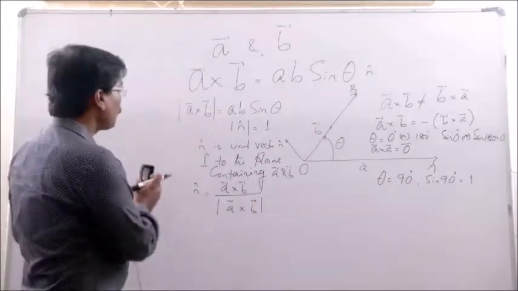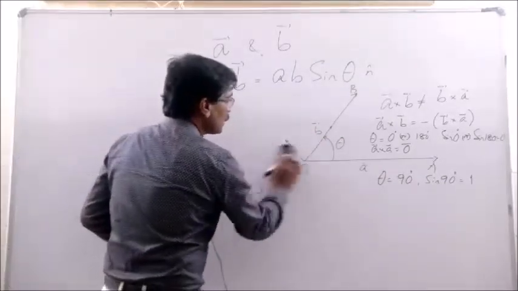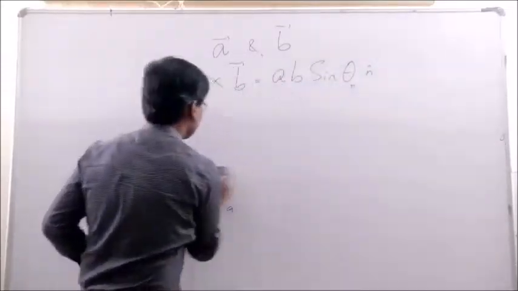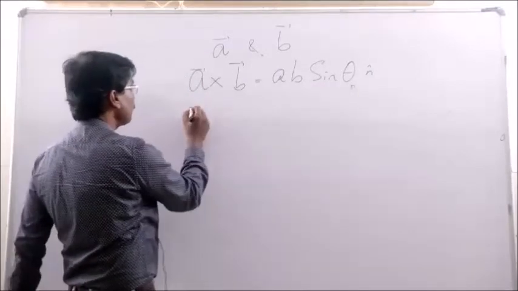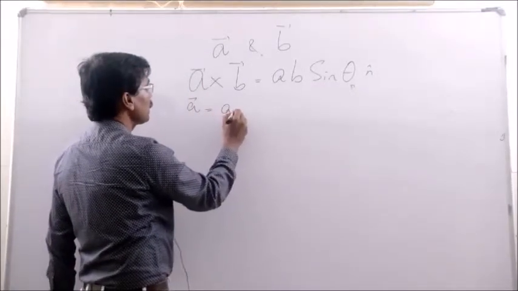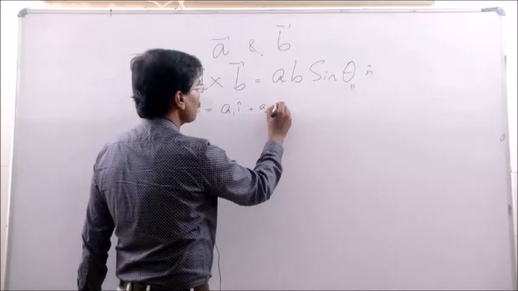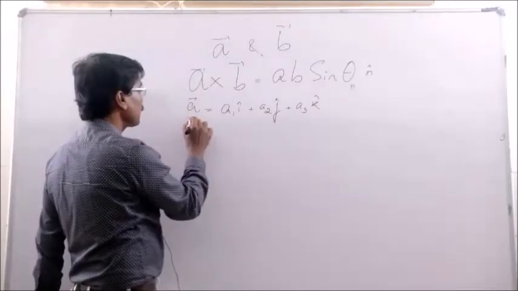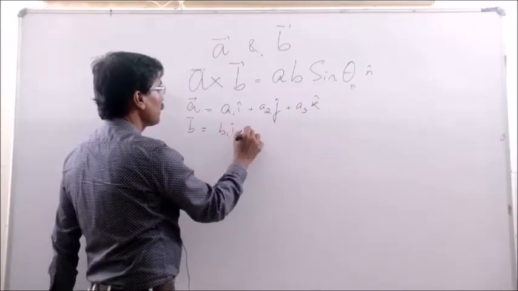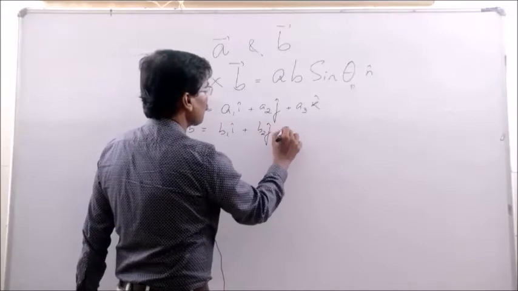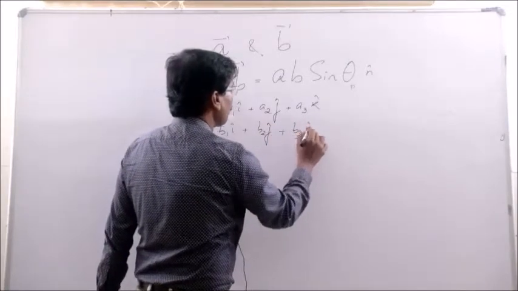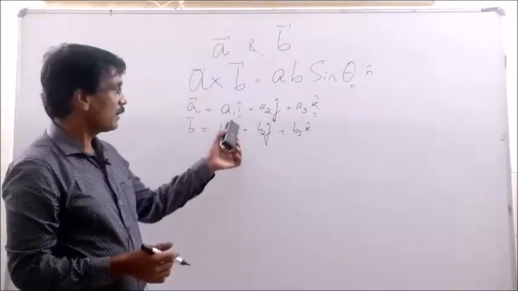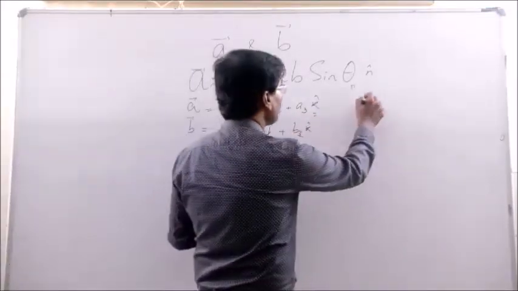So if we represent in component wise, a vector is equal to a1 i cap plus a2 j cap plus a3 k cap, and b vector is equal to b1 i cap plus b2 j cap plus b3 k cap, where i cap, j cap, k cap are unit vectors along x, y and z axis.